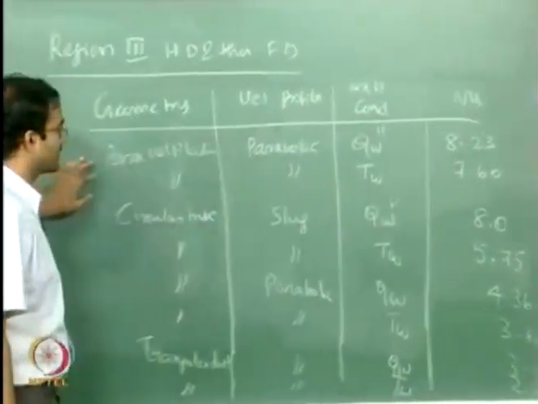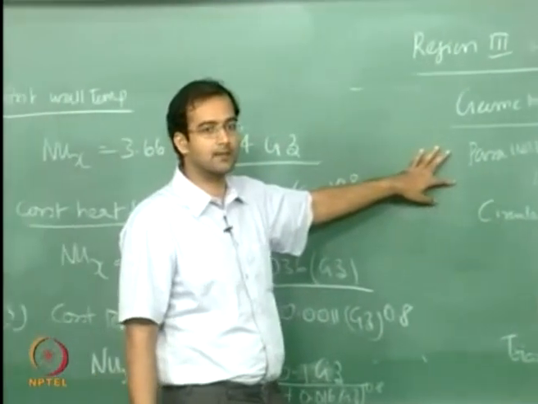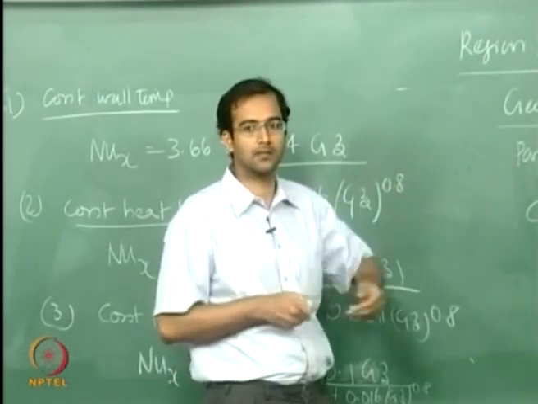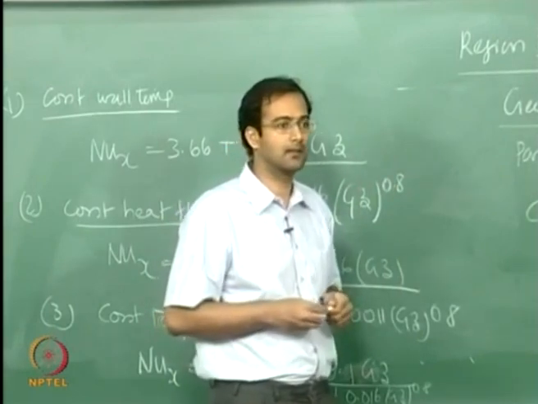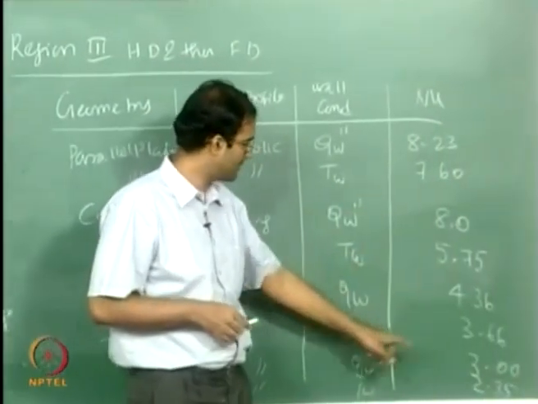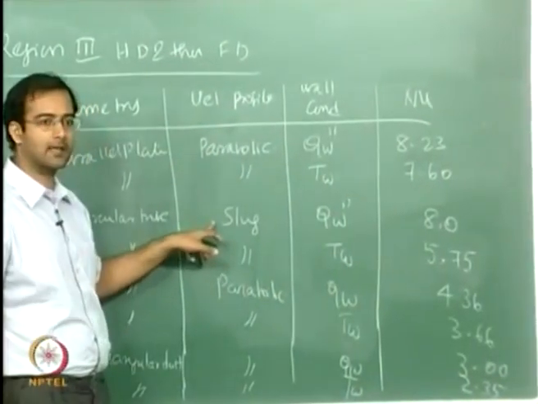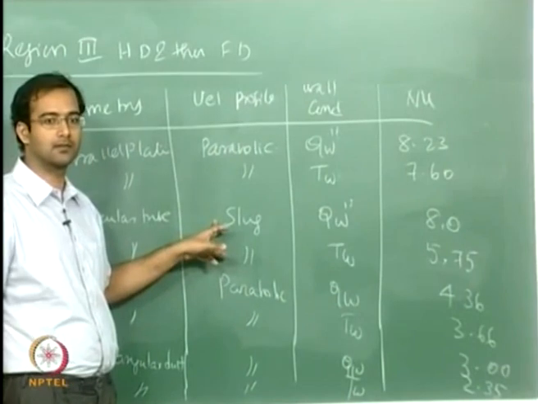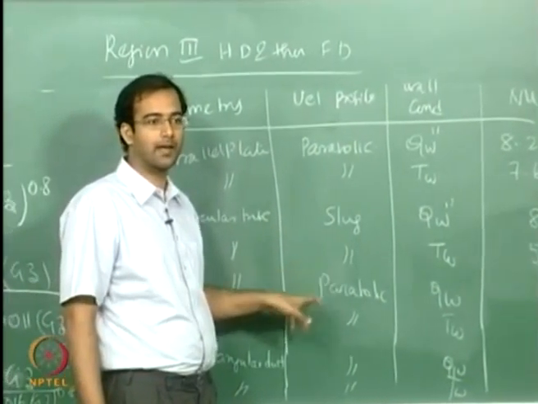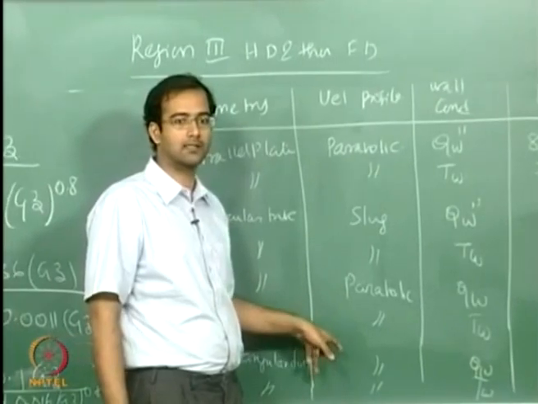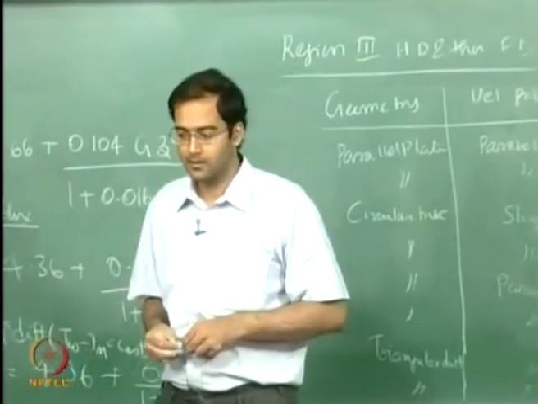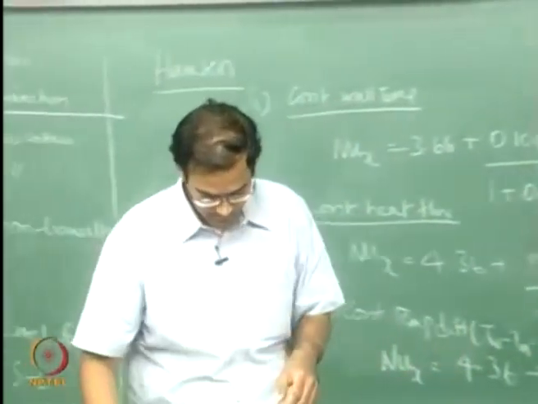So it is the highest for the parallel plate case, and compared to the constant wall temperature, constant wall flux has always a higher value of Nusselt number. Then comes your circular cross section. Your slug flow always has the highest Nusselt number rather than parabolic flow, and your triangular cross section or non-circular cross sections will have lower values of Nusselt numbers. So this is to summarize all the results.